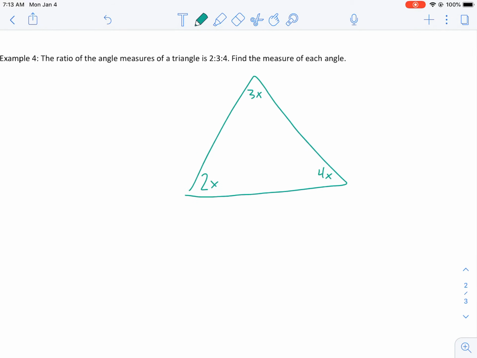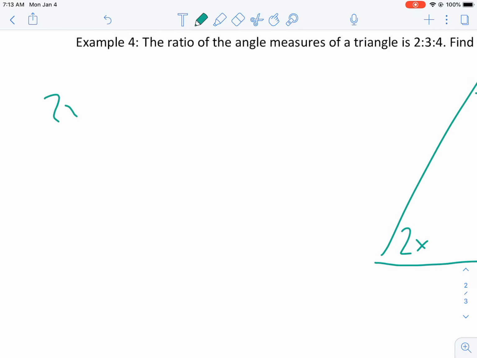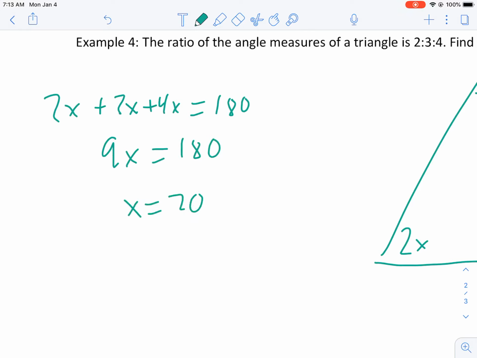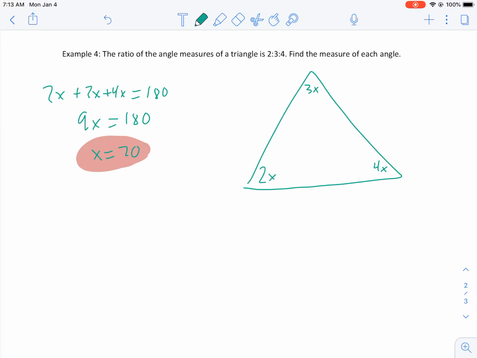And so if we know that we've got 2x, 3x, and 4x, now we can find x pretty easily just by adding them up and setting them equal to 180. We can solve this. So that's 9x equals 180, divided by 9, x equals 20. And so the common ratio between our angle measures is 20, right?